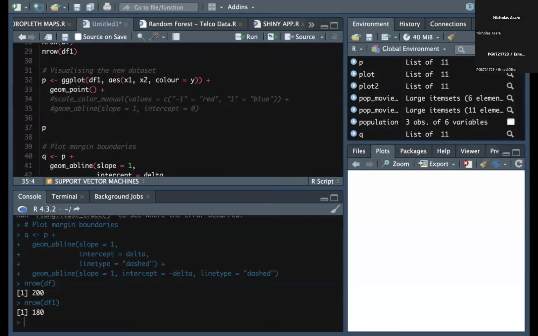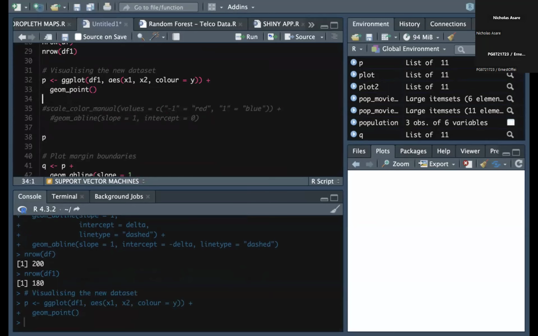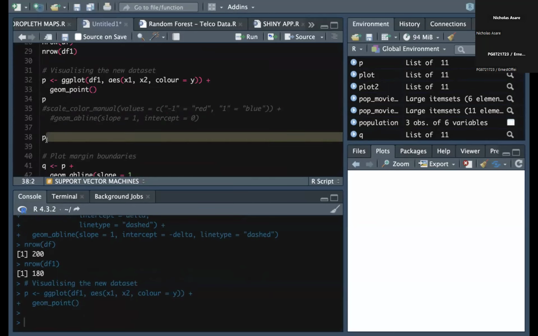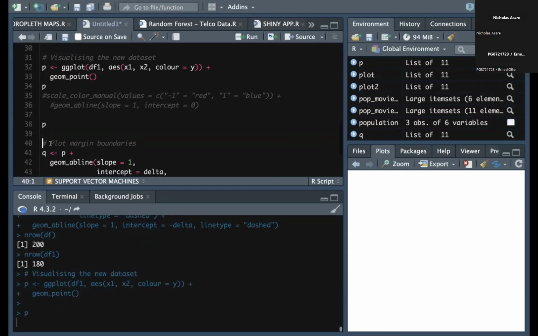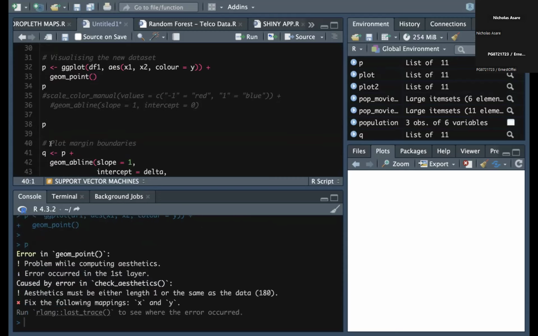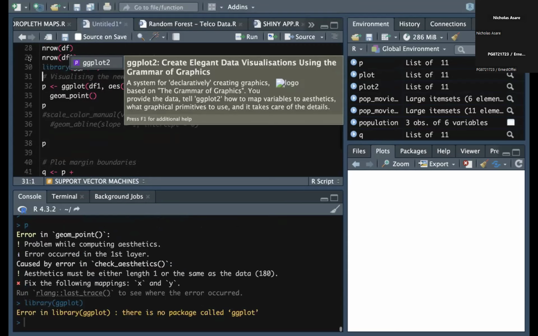Run this one alone, let's see. Run P, run 37. Did you call ggplot from the library? Yes, I did. Okay, so let's call it again. You can put it under 30. Wait, ggplot2 instead. I'm sorry.